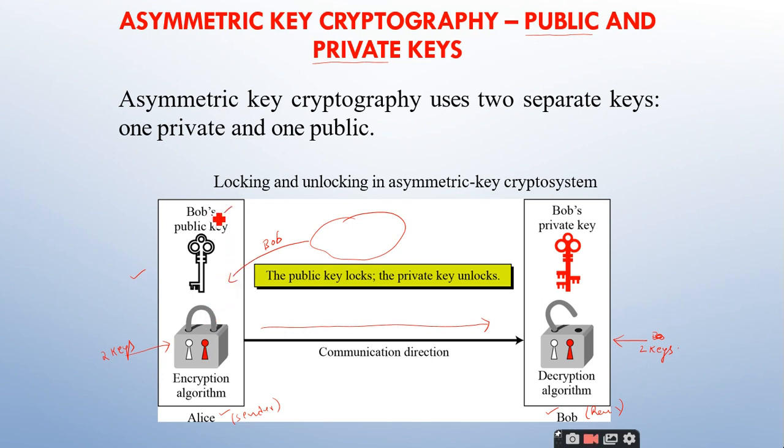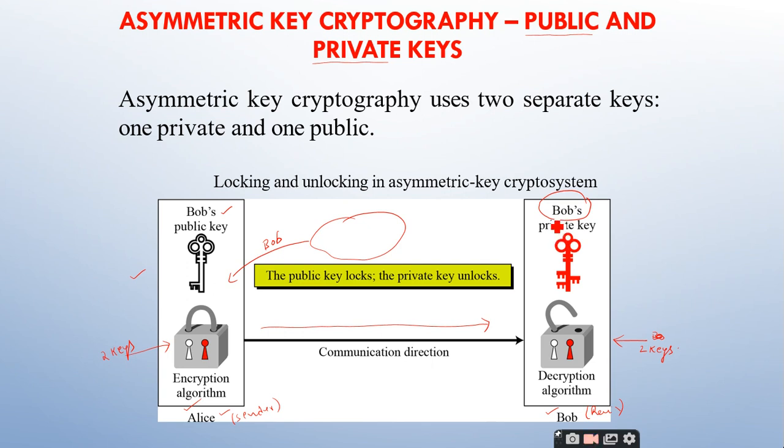You will get confused here, right? So please concentrate that we are not bothered about who is sending the message. We are only concentrating on the receiver. Very important point. Since Bob is the receiver, Bob will be generating two keys, one public key and one private key.